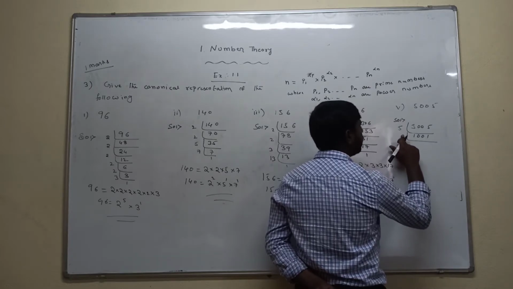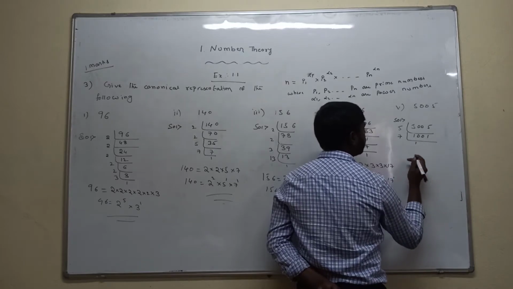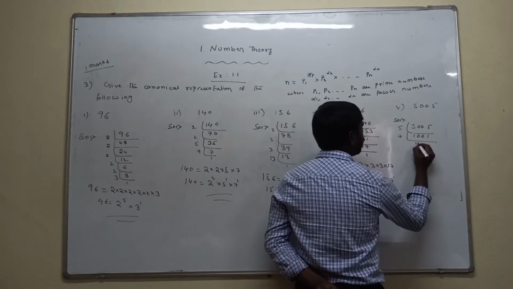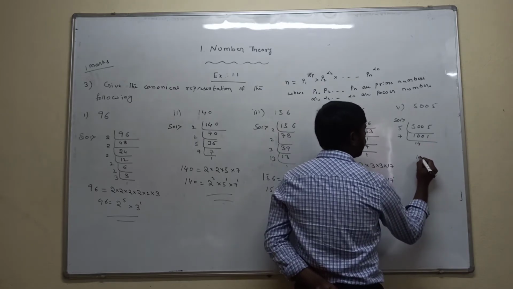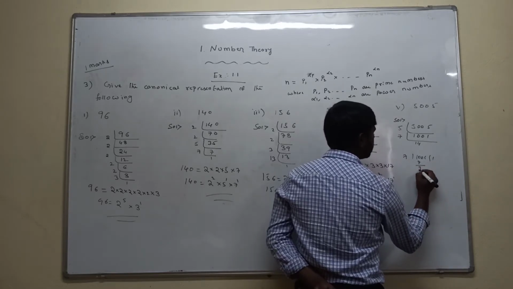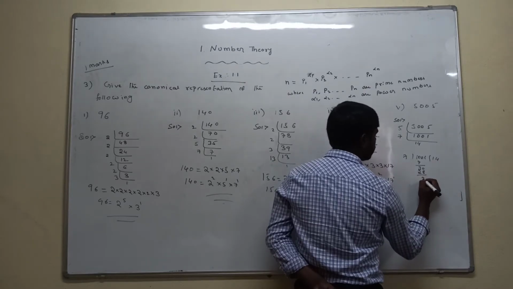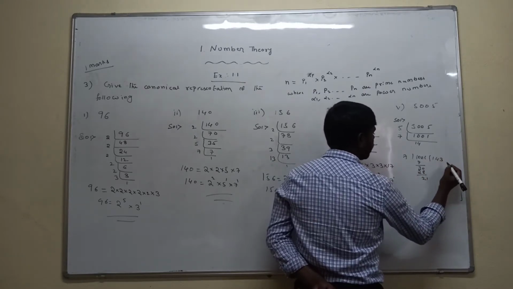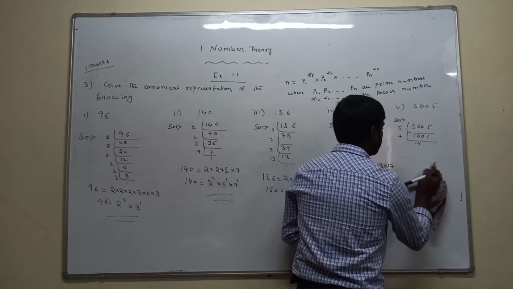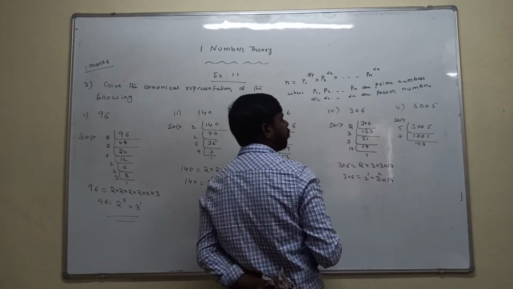Which number is a possibility? 7 we can take. 7 ones are 7, remaining 3 is left. 7 fours are 28, so 2 is left. Take 1. 7 threes are 21, equal to 0. Then 143 will come. So 7 into 143, that value is 1001.